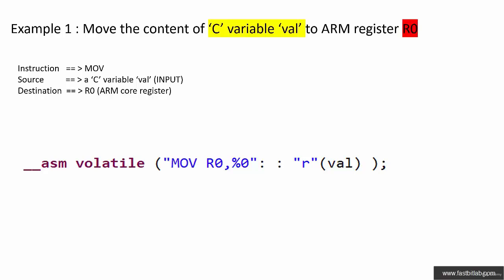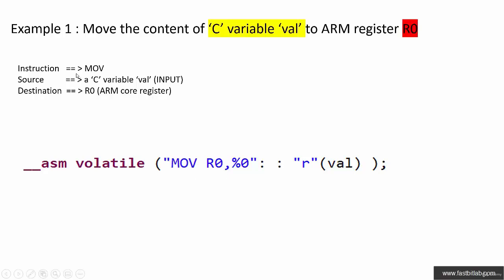This is basically data copy. I want to copy the value of the C variable into a register. So for a data copy, I can use the instruction move or load maybe, but move is more suitable here. I would select move, and after that, what is the source? The source is the C variable val.